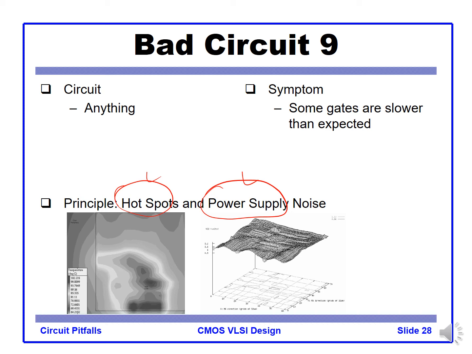We model that into our simulation corners, such as temperature variation and supply variation. So that can be another way of double checking your design. You vary the temperature, you vary the supply voltage, so that you can see how large the design margin is for your design. Right? You can double check.